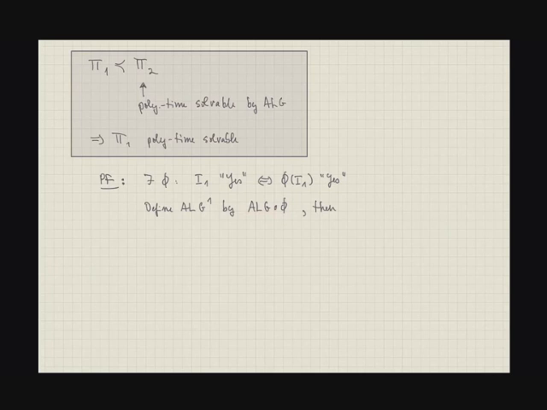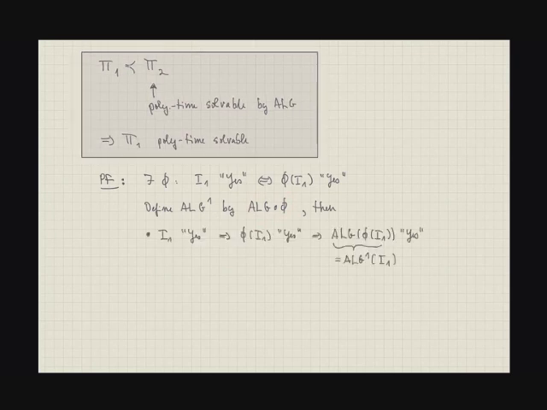So let's see if this is really an algorithm that solves problem number 1. So first of all, if I feed it with a yes instance of problem 1, then by the property of the reduction, the image will also be a yes instance.